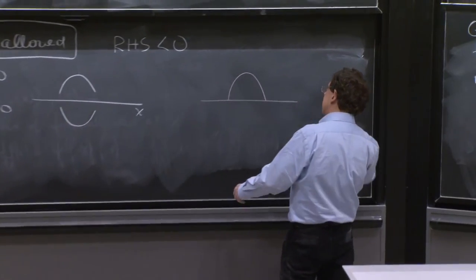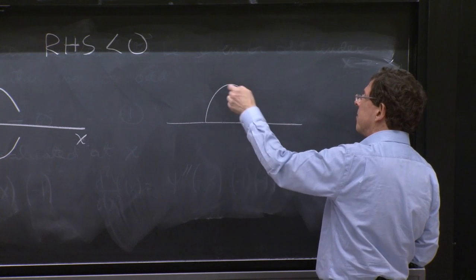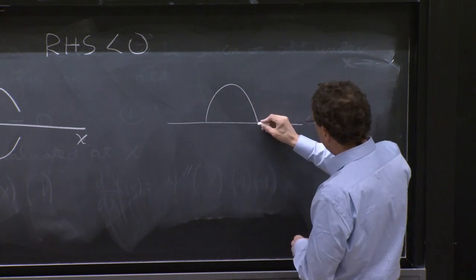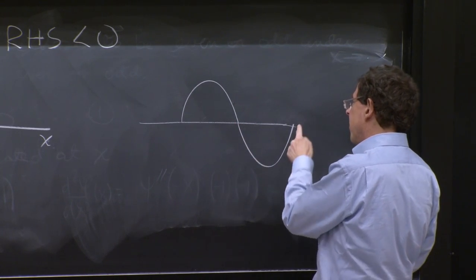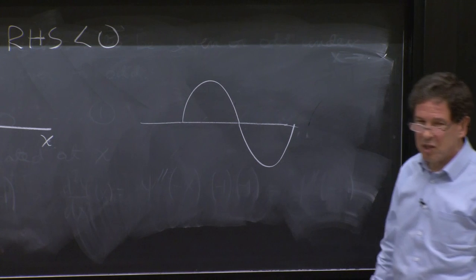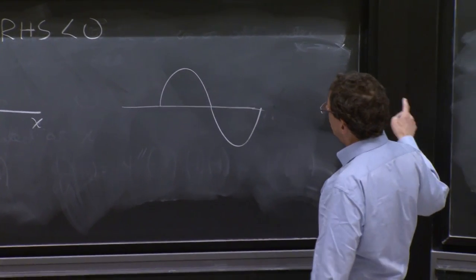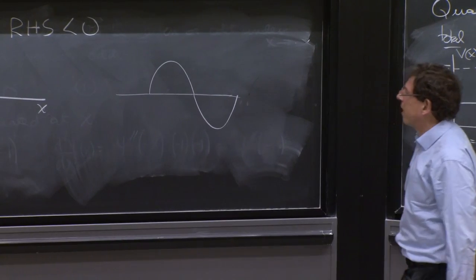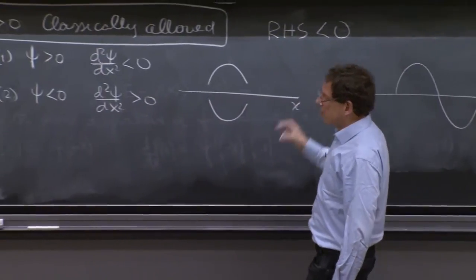Suppose all this is classically allowed, then you can have the wave function being positive, the second derivative being negative, matching nicely with the other half, the second derivative positive, the wave function negative, and that's what a sine function is. It just goes one after the other. So that's what things typically look like in the classically allowed region.